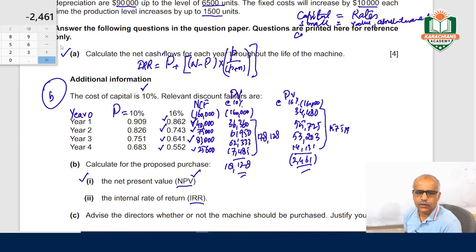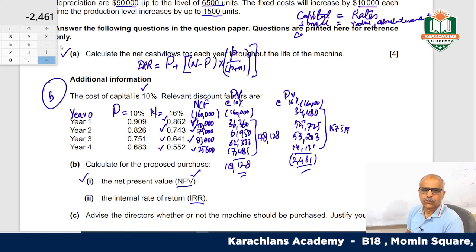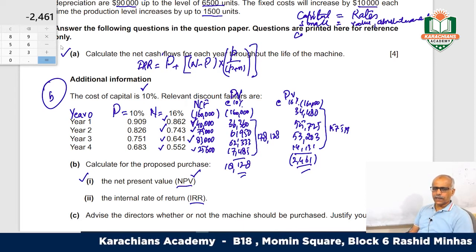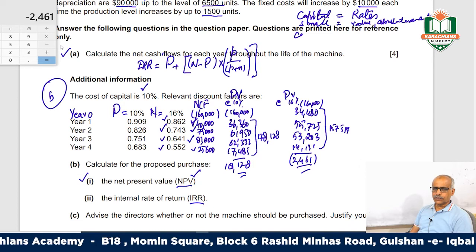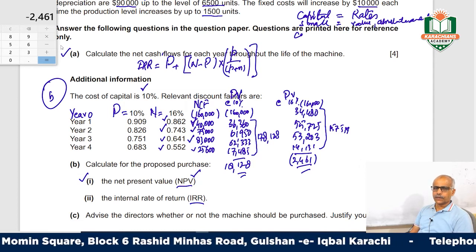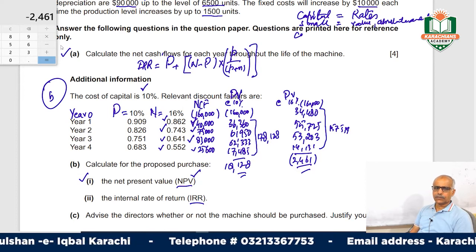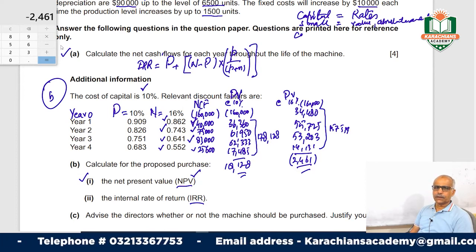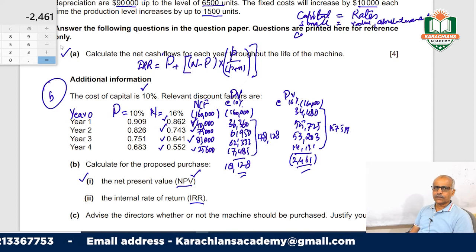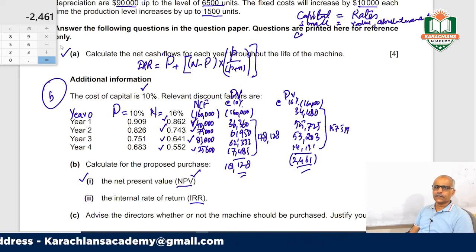On 16%, your value is becoming negative, so capital N means 16%, the rate at which net present value is negative, and capital P is 10%, the discount rate at which your NPV is positive.